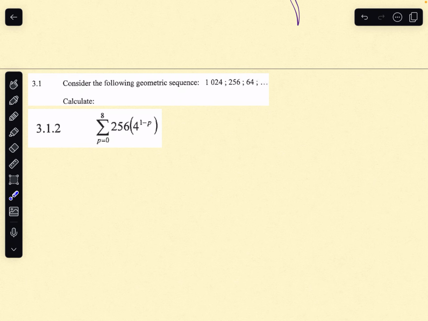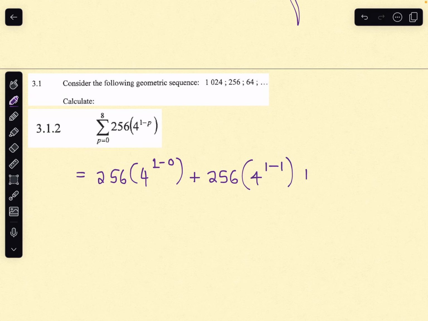Initially I'm not entirely sure what the relationship is between this and the sequence, so what I like to do is expand and get the first 3 terms. It's 256 times 4 to the 1 minus 0, that will be term number 1, then 256 times 4 to the 1 minus 1, and then 256 times 4 to the 1 minus 2, and so it goes.